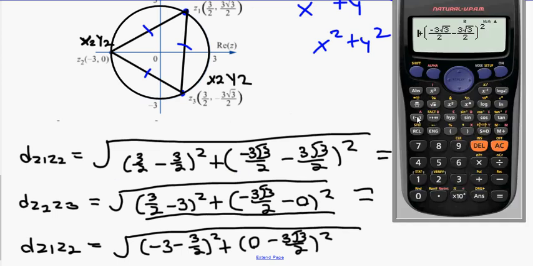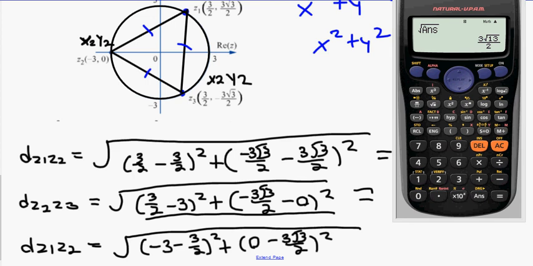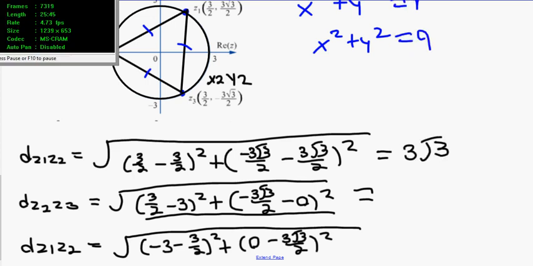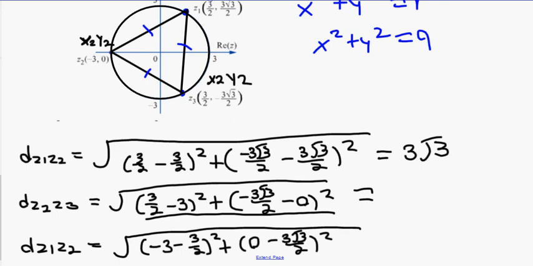So we're going to get 3 over 2 minus 3 squared. With that, I'm going to get 117 over 4. I'm going to square root the answer. I'm going to get 3 root 13 over 2. Sorry guys, the first one is Z1, Z3, excuse me. So Z1, Z3. Second one Z2, Z3, and third one Z1, Z2.